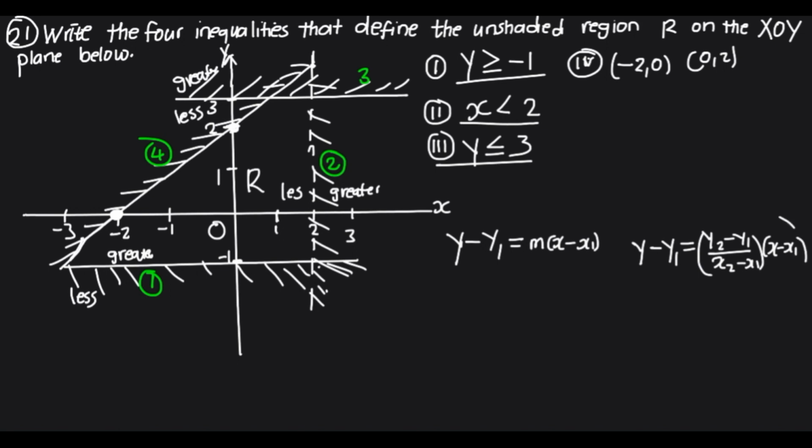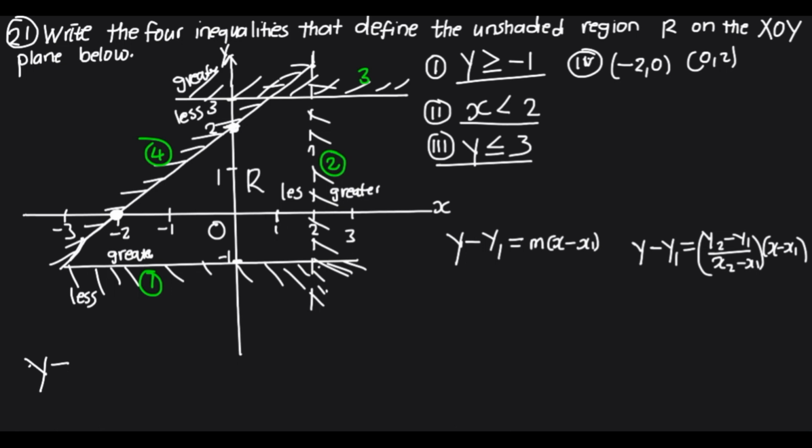For this formula, it means you are finding everything at once. Now for this one, first we need to find the gradient. Then you can also use y is equal to mx plus c. Even this one can be applied.